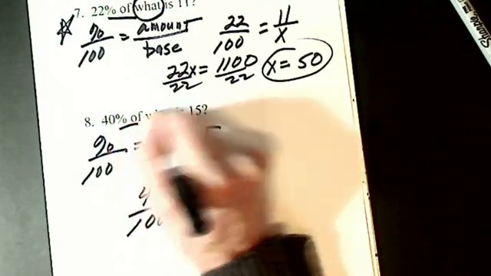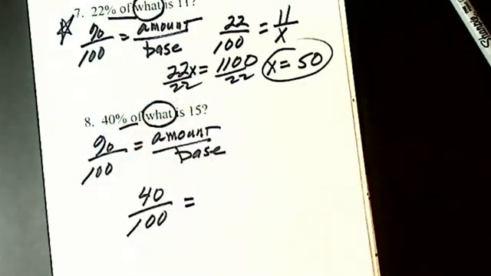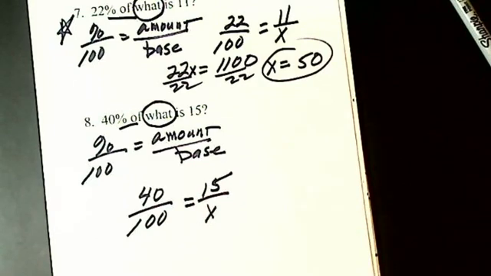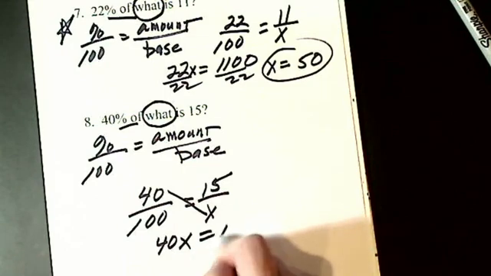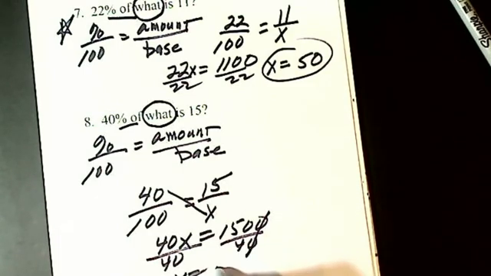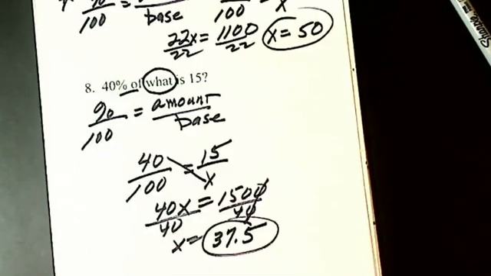After percent of, again it says what? My x goes here, my 15 goes here. My cross products: 40x equals 1500. Divide by 40. Knock off pairs of zeros. 4 into 150 is going to be 37.5.